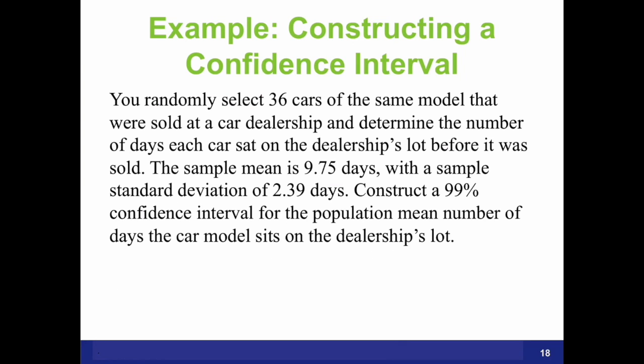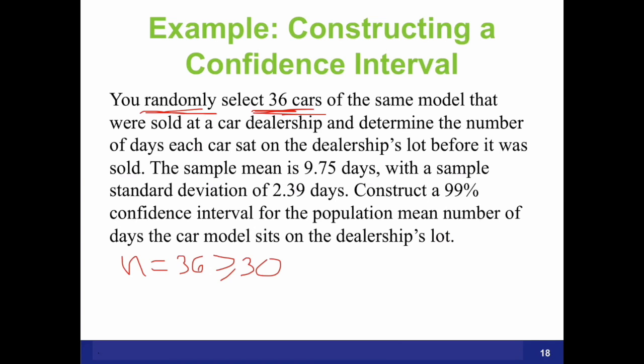Next example: constructing a confidence interval. You randomly select 36 cars. So again, random sample, n is equal to 36, which is greater than or equal to 30. We may or may not find in the statement of the problem that the original random variable is normally distributed.